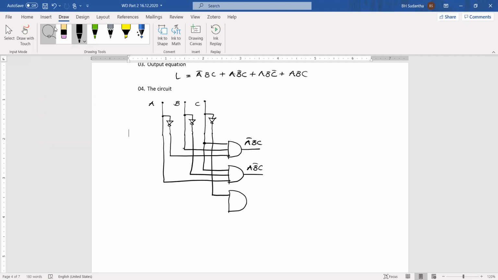This is C bar and B. And this is A. Fourth one A B C.